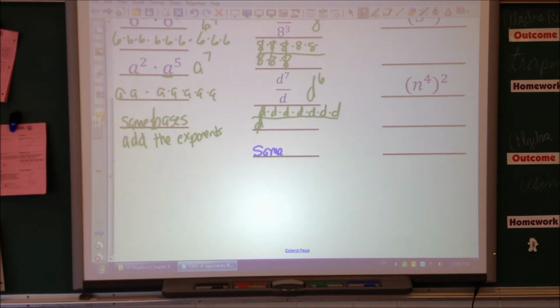This is the rule: same bases, subtract the bottom exponent from the top. So it's the top minus the bottom.